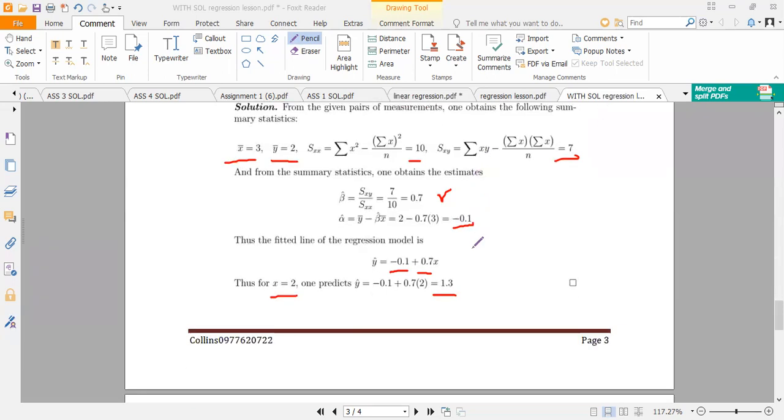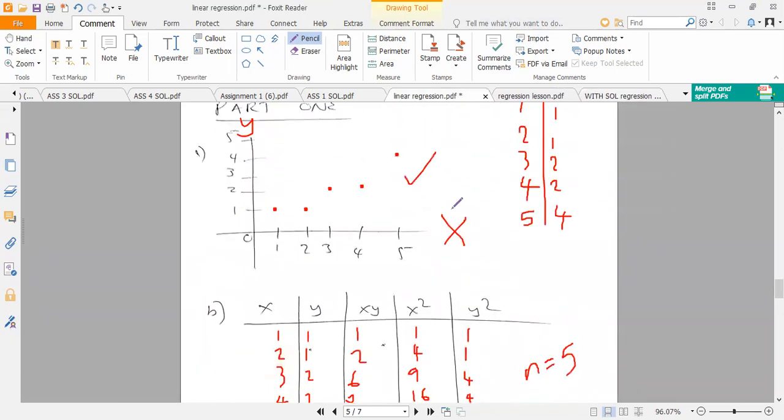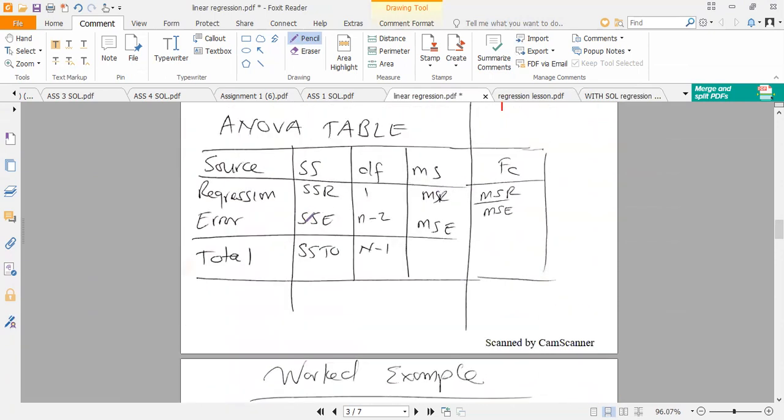Okay, so I'll proceed. So now we've been asked to come up with what we call the ANOVA table. Now, before you understand the ANOVA table, it has a formula. So this is how we draw the ANOVA table.